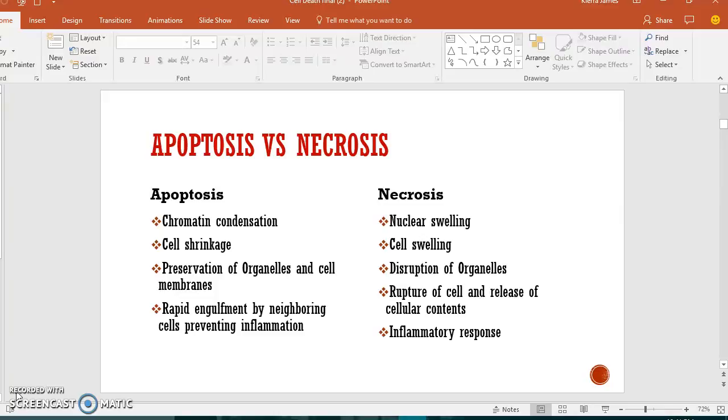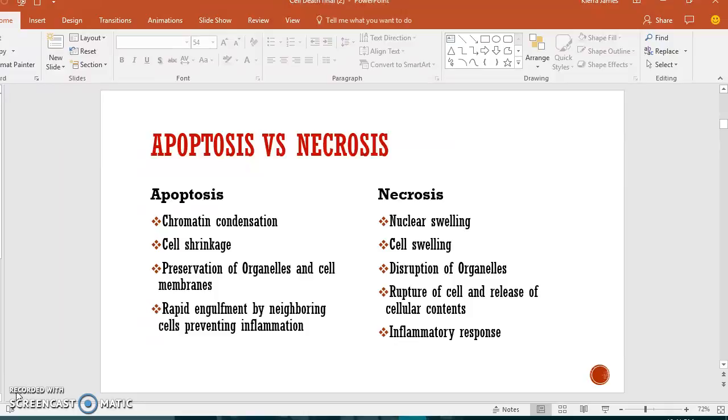Blebs are formed to avoid release of cellular components into the extracellular matrix. The membrane's phospholipid content is altered, which makes the dying cell more susceptible to phagocytic attack and removal.